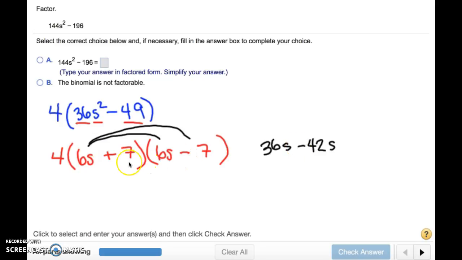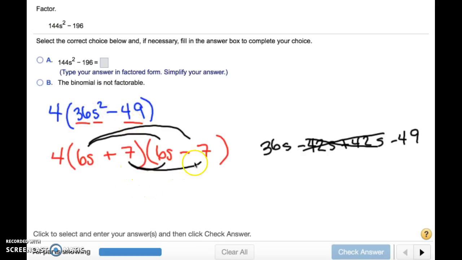And then I do the inside, which gives me positive 42s. And then I do the last, which gives me this negative 49. Now, I have this extra stuff here, but this is a negative 42s, and this is a positive 42s, so those cancel, and that's where the 36s squared and the negative 49 came from up here.